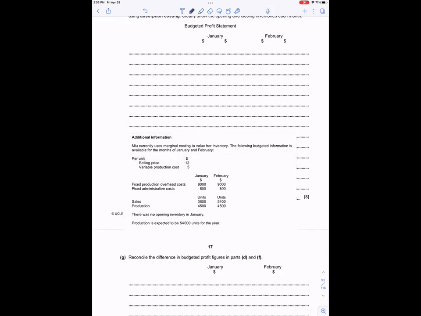First, let's prepare the working the way we did in the last sum. We are preparing the income statement as per absorption costing. So first thing we have sales. What is sales in January? $3,600, and sales in February is 5,400.